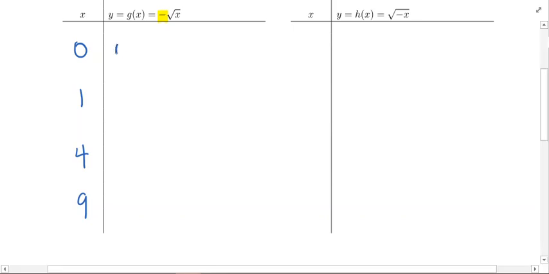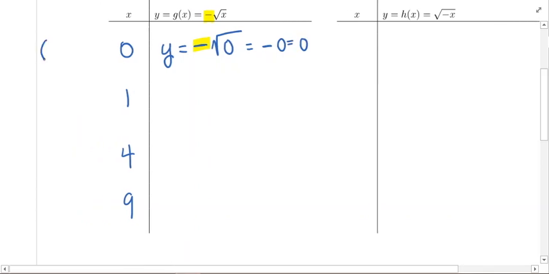So if x is 0, we're going to get that the y value is equal to negative, that's the guy hanging out front, negative square root of 0. The square root of 0 is 0, so negative 0 is just 0. The point that we're going to plot is (0, 0).